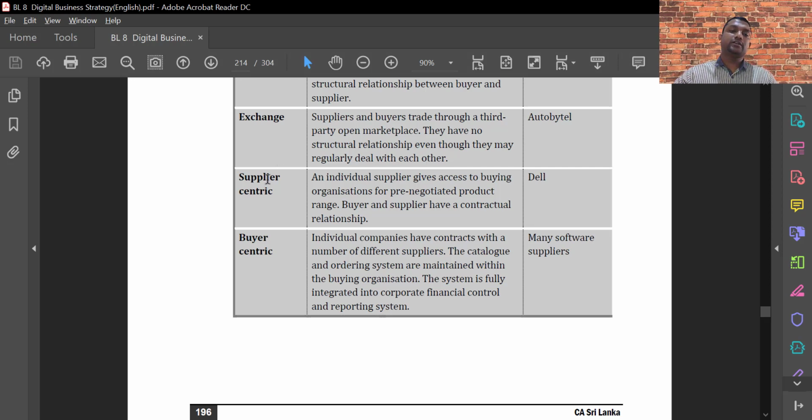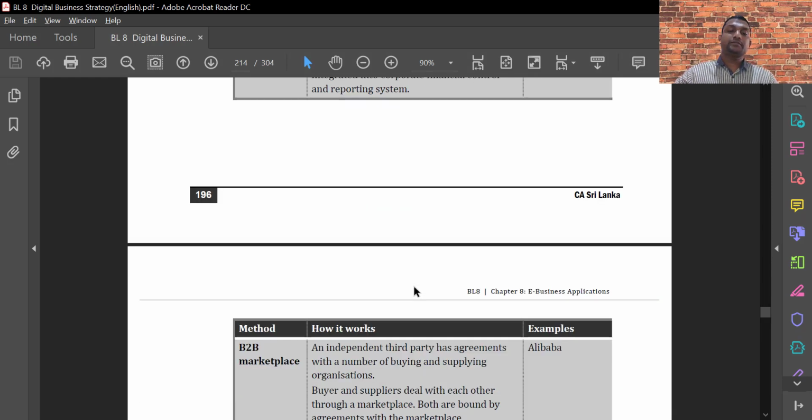Therefore the supplier has contractual agreements, relationships with the buyers who are registered. Buyer centric is the other way around. Buyers have contracts with different suppliers. Any organization to buy supplies from different suppliers can have contracts with different suppliers, and the buyer can maintain the catalog and the ordering system so that the suppliers can use that to supply products here.